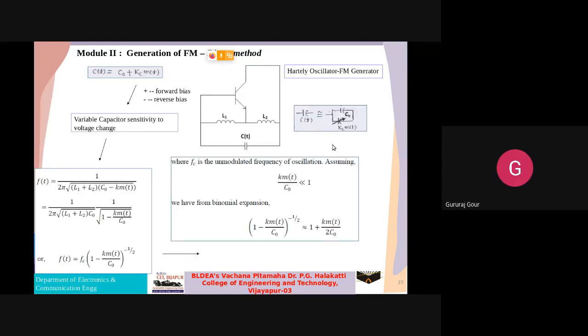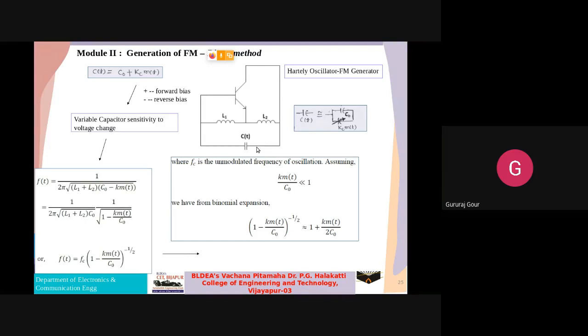So one thing you keep in mind, here capacitance is not there. In the practical scenario, in place of a capacitor, we are using a varactor diode. And we all know that in a diode the junction width is enlarging or reducing depending on its biasing condition.